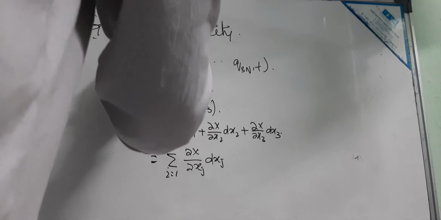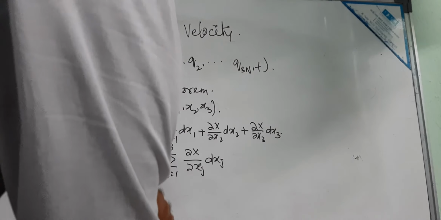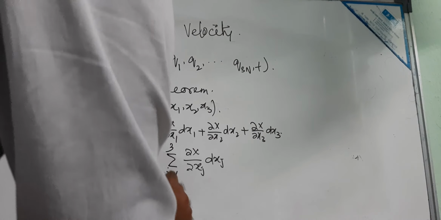Considering this Euler's formula, dri is written as the summation over j of del ri by del qj into dqj, plus the time factor, del ri by del t into dt.